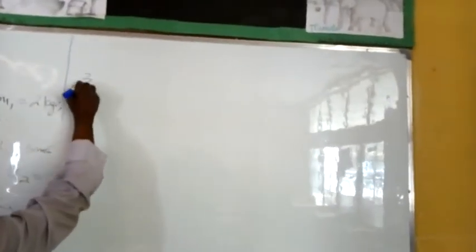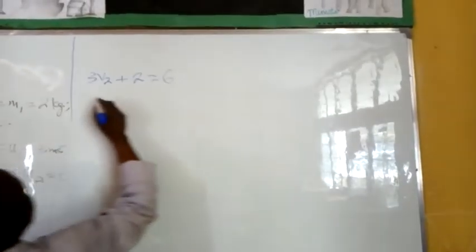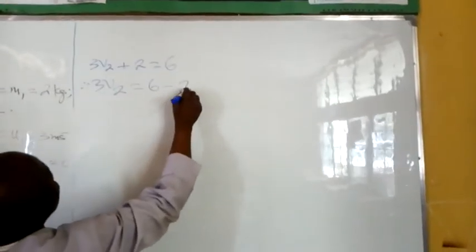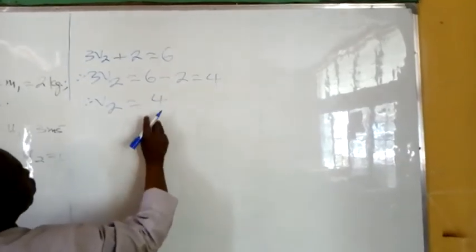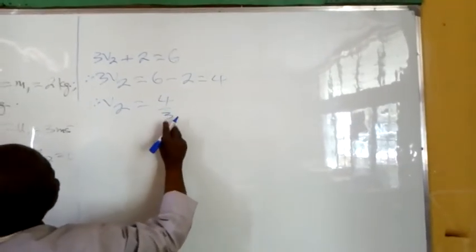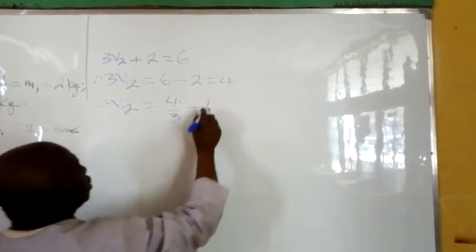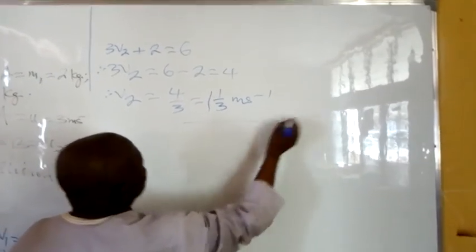So, it means 3v2 plus 2 is equal to 6. So, 3v2 is equal to 6 minus 2, which is 4. Therefore, v2 is equal to 4 over 3, which is 1 1/3 meters per second. That is our answer.